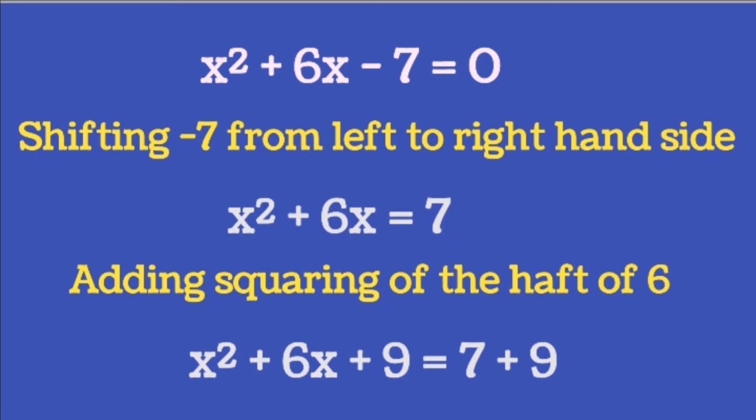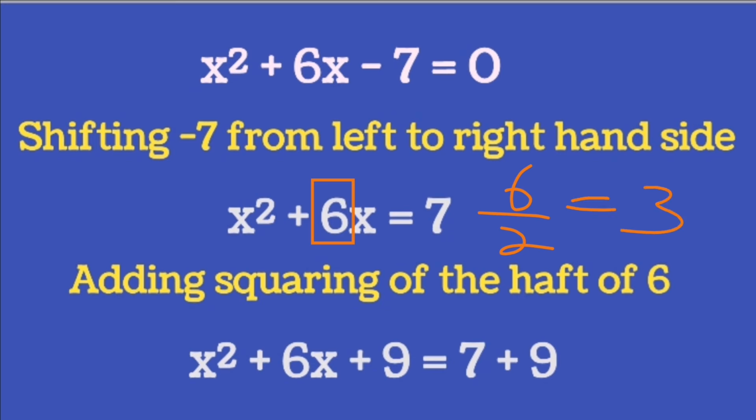First we have to shift minus 7 from left hand side to right hand side. So the given quadratic equation becomes x square plus 6x is equal to 7. Now half of 6 is 3.